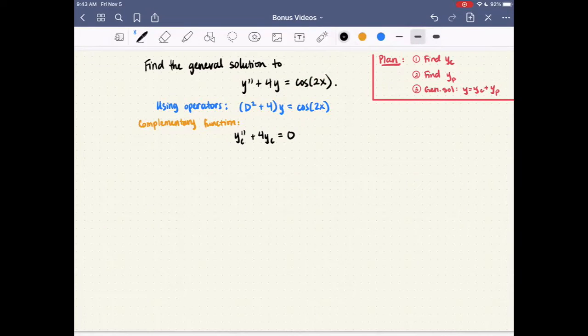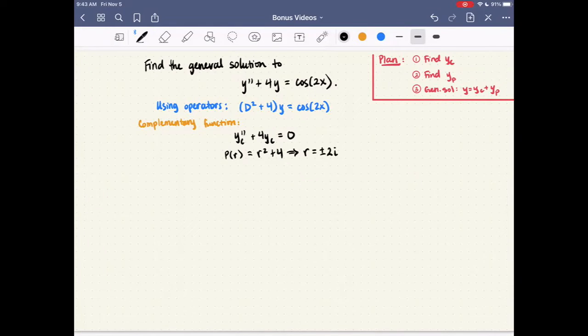We can use an auxiliary polynomial to solve this. P of r in this case is going to be r squared plus 4. And if you're wondering where that's coming from, let's look at our operator notation. The auxiliary polynomial is associated with this operator, where instead of a capital D, we use r. This tells us that the roots of this polynomial are plus or minus 2i.